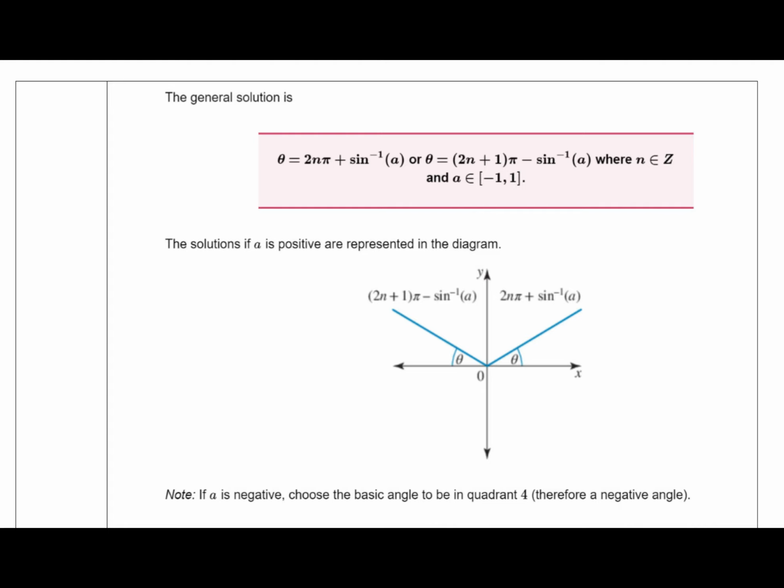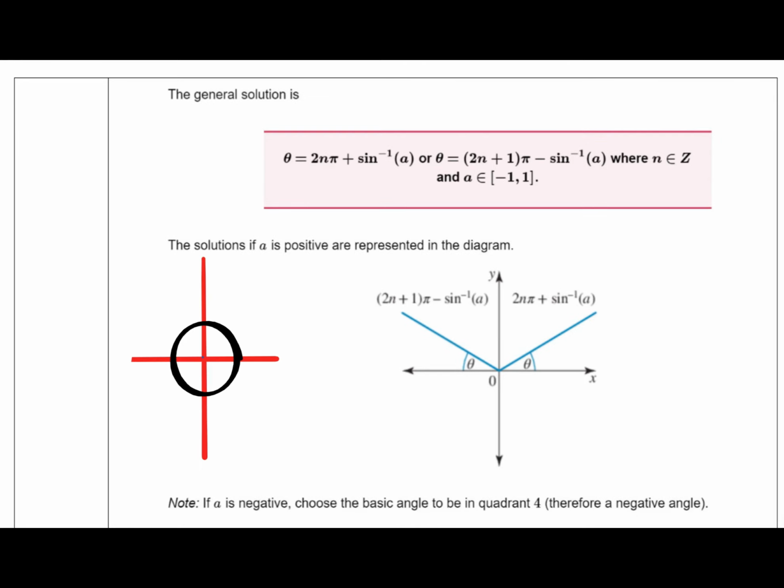So that first angle that we mentioned, if I bring up what we thought of as our unit circle, you'll remember that there was one answer, we might call that theta, and there was also the other answer, which we might call my second theta. In our general solution, we could say, oh, okay, the first set of answers is 2n pi plus whatever value I read from the table.